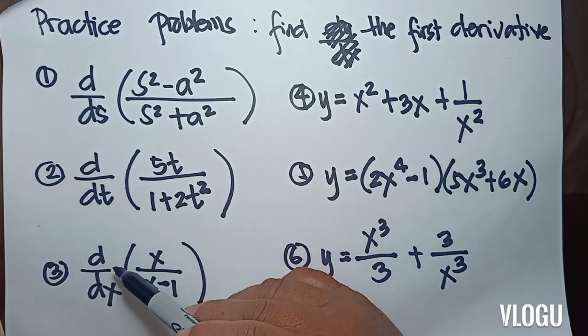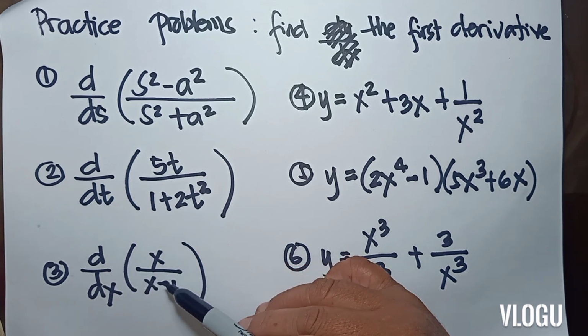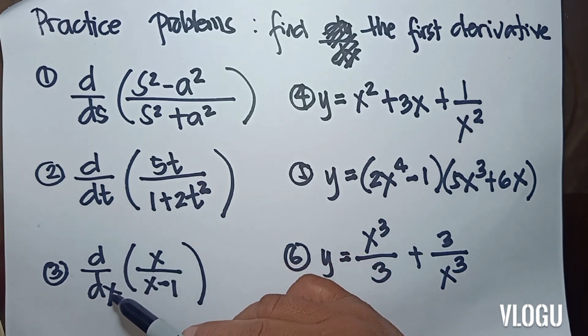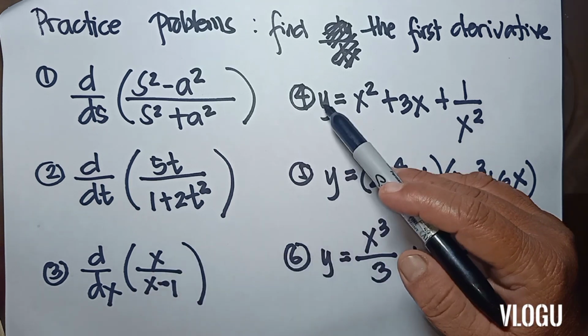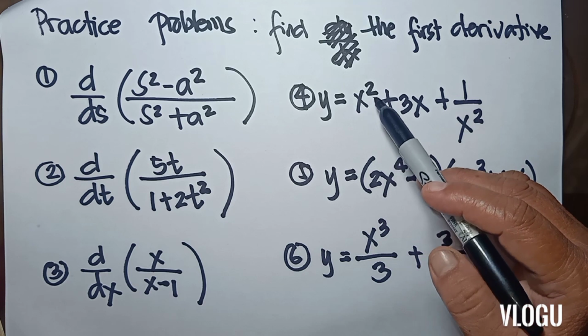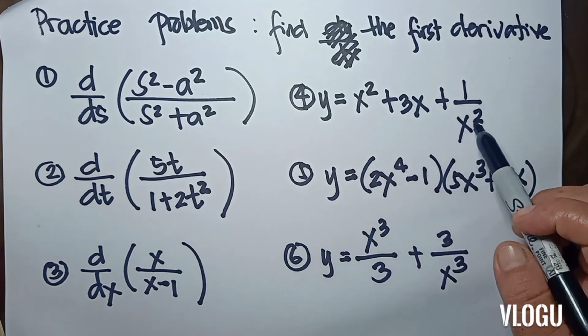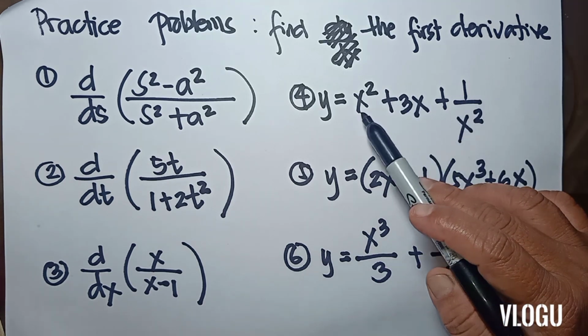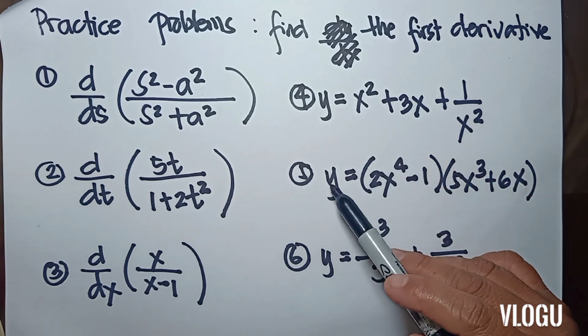For number 3, that is d/dx of x over x minus 1. If you look at the denominator, this denotes that our variable is x. Number 4, find the derivative. y is equal to x squared plus 3x plus 1 over x squared. So the variable here is x.